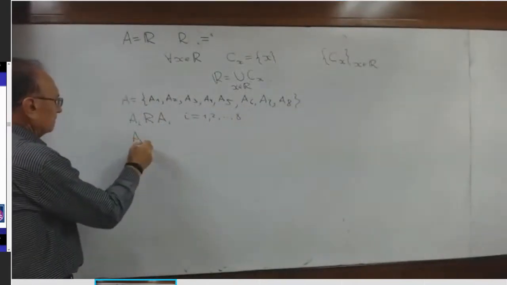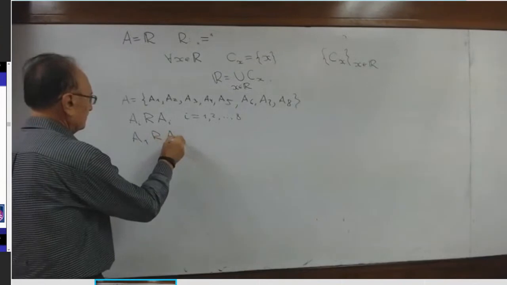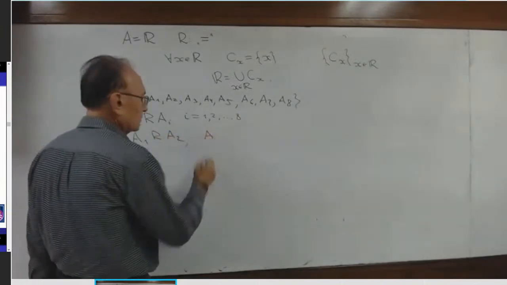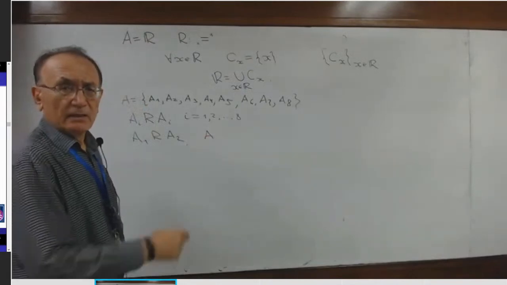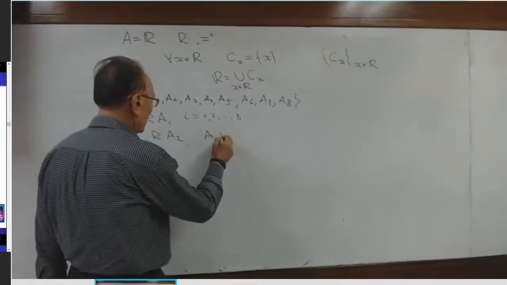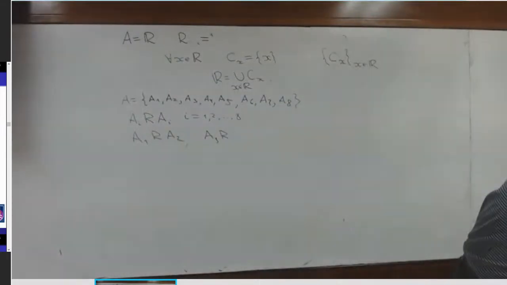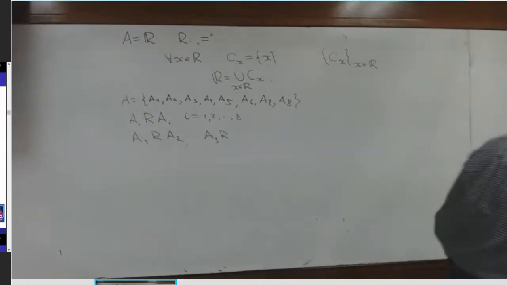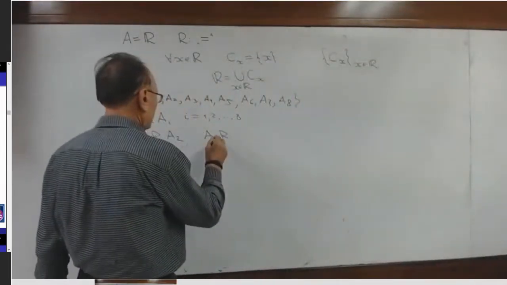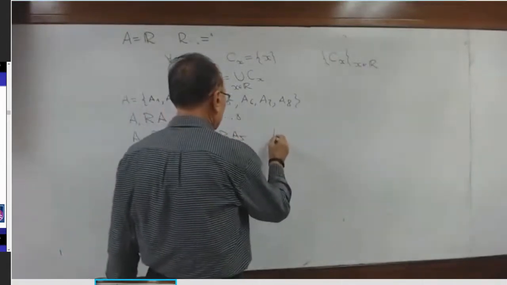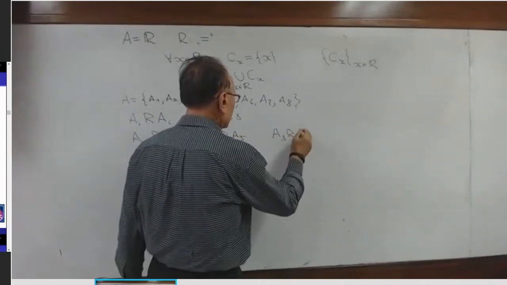Then A1 R A2, A3 R A5, A1, A4, then A3, A4, A5, A3, A8.